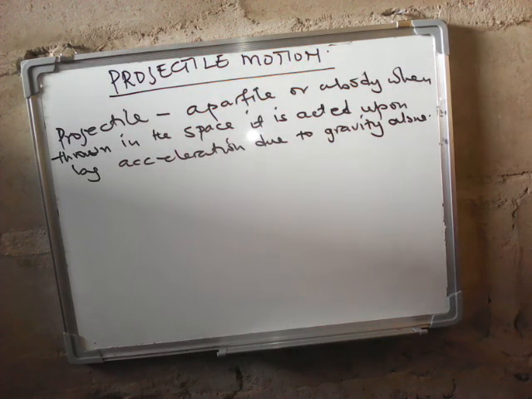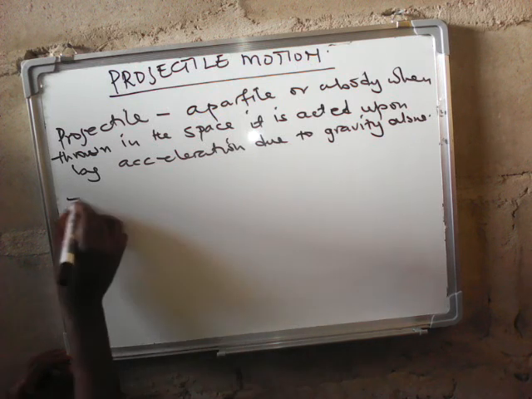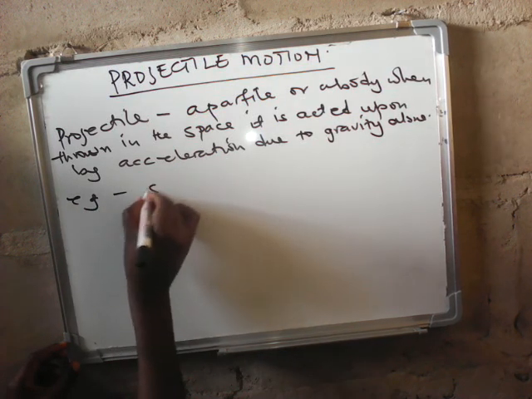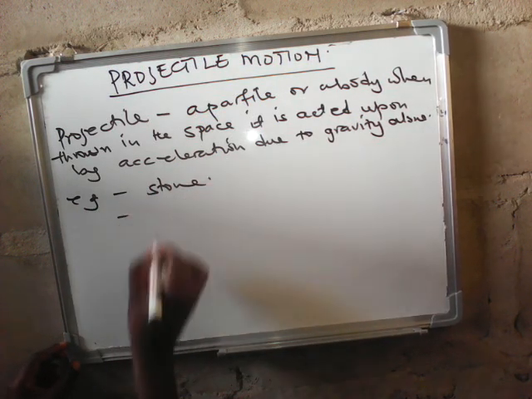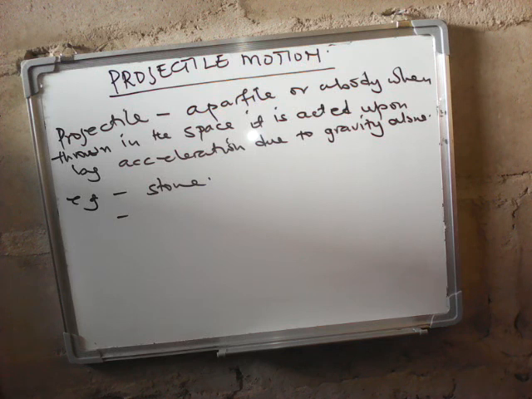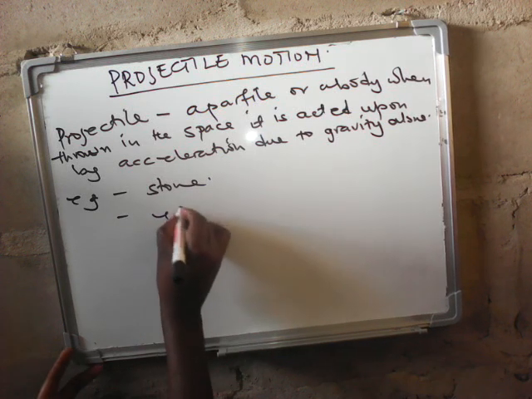So that particle is what we call a projectile. A particle can be a stone, it can be anything. It can be chalk, etc.